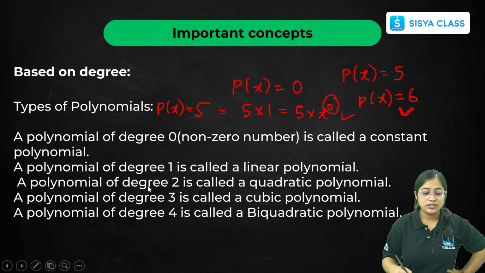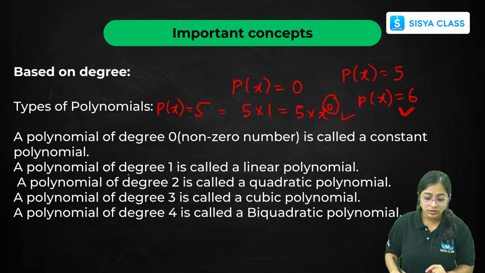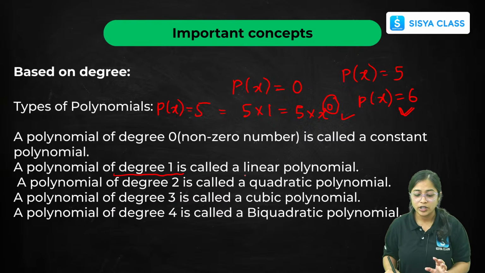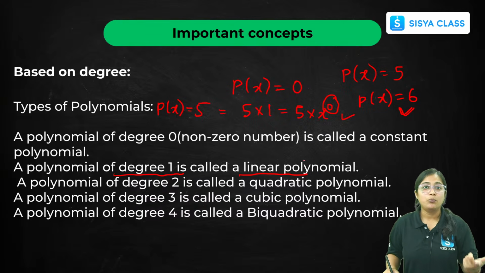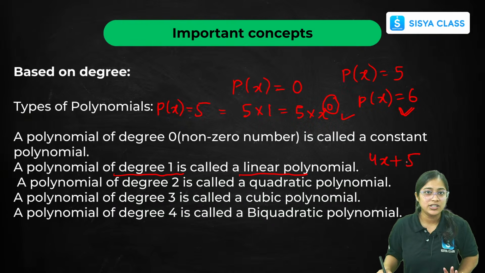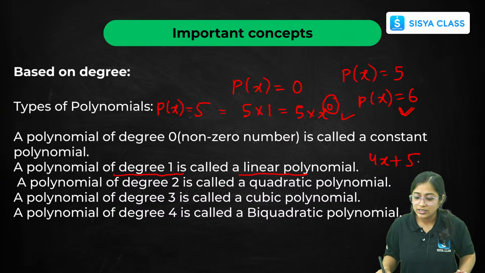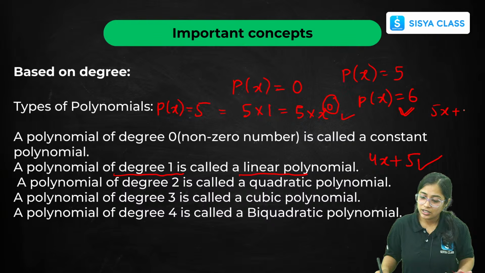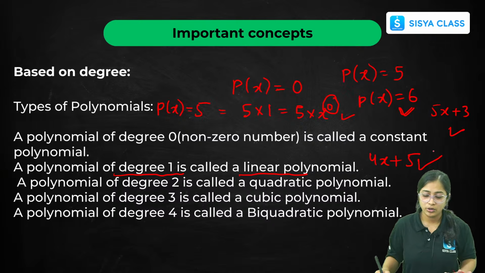Now, what is a polynomial of degree 1? A polynomial of degree 1 we call a linear polynomial, right? For example, if I give you this polynomial 4x plus 5, what is the degree of this polynomial? It is 1. So this is a linear polynomial, right? If I give you 5x plus 3, this is also a linear polynomial, okay?